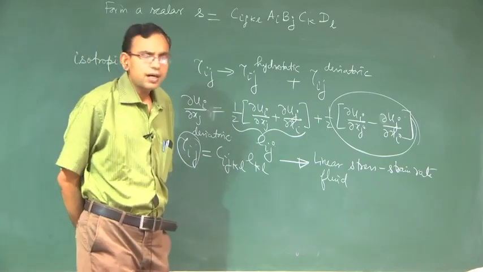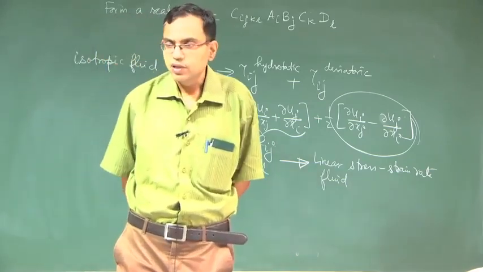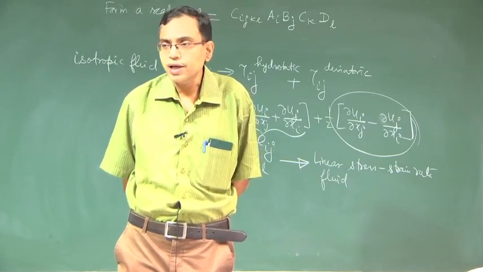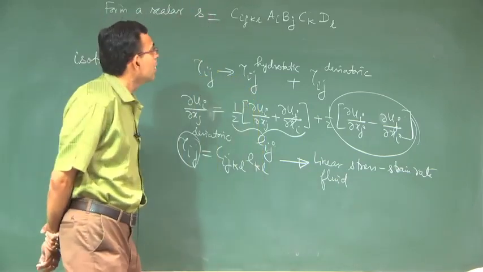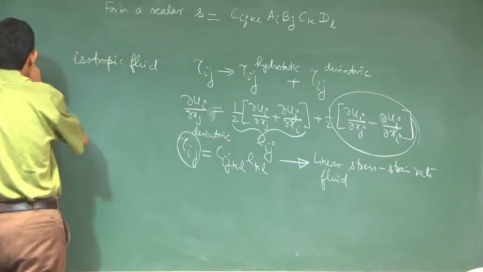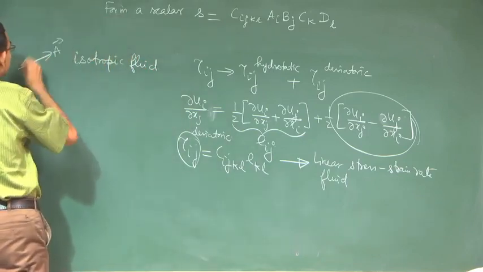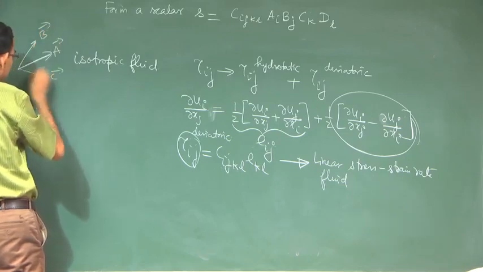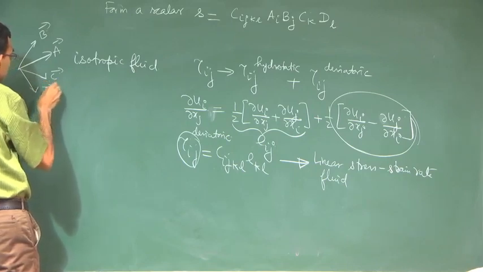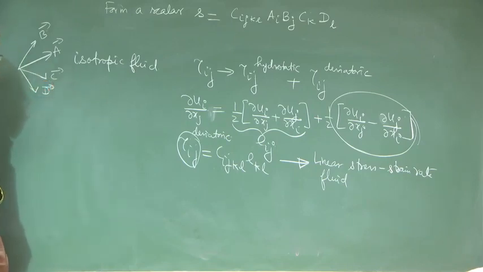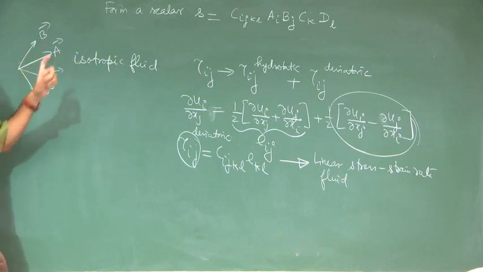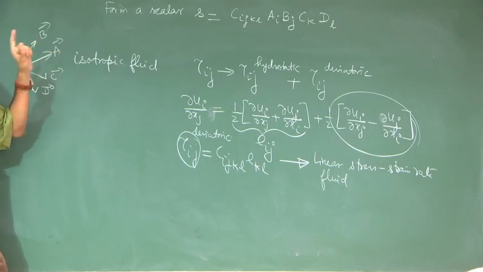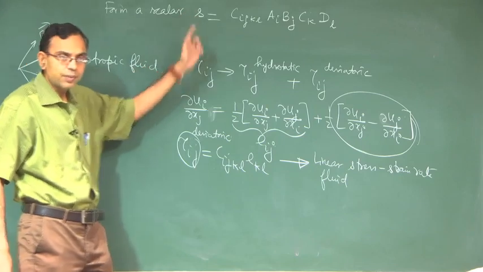Now, this scalar could be isotropic, anisotropic, whatever. If it is isotropic, then so let us draw these vectors. Say this is vector a, this is vector b, this is vector c, this is vector d. So, if the property Cijkl, the properties originated from Cijkl are isotropic, then S is isotropic.